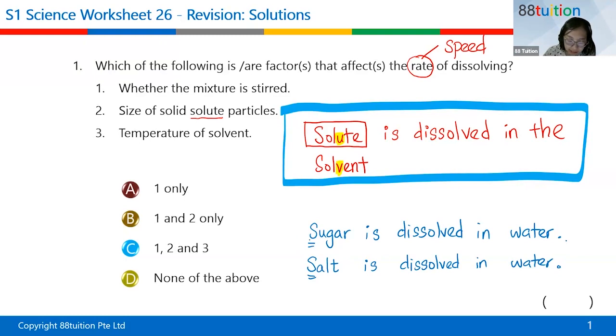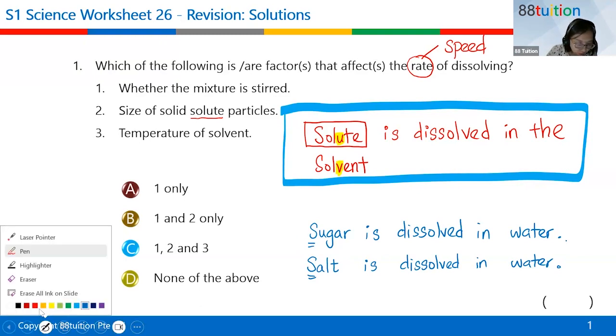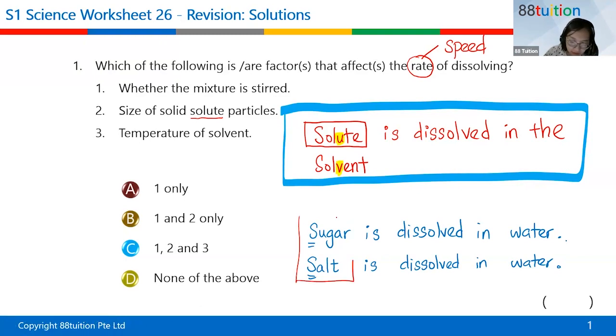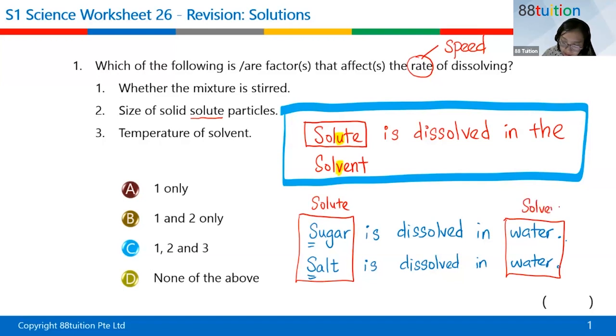All right. So in this case, these two are the solutes. Then water is the solvent. And another thing you must know is solute plus solvent, solute dissolved in solvent, will form another S word.